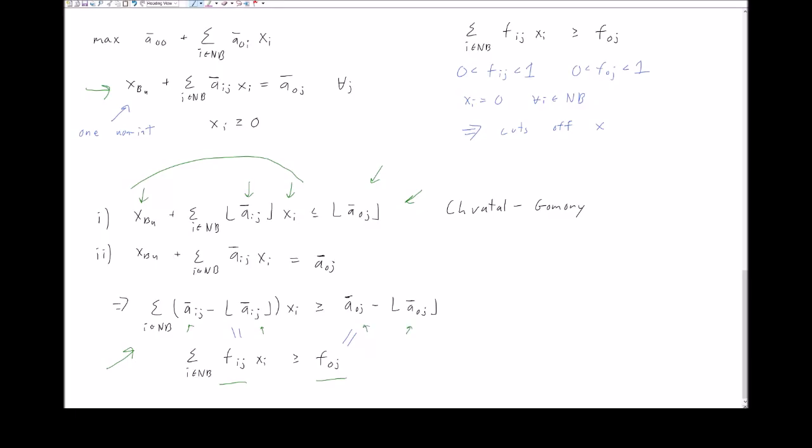Now we note a few facts. First, because xb is non-integer, or rather fractional, we know that a naught j is going to be a fractional value. And so f naught j has to be a positive value. This is the fractional part of a naught j. We can make a similar argument to say that fij also has to be positive for every variable. This follows from the facts of basic feasible solutions. In total then, all of these f's are positive.